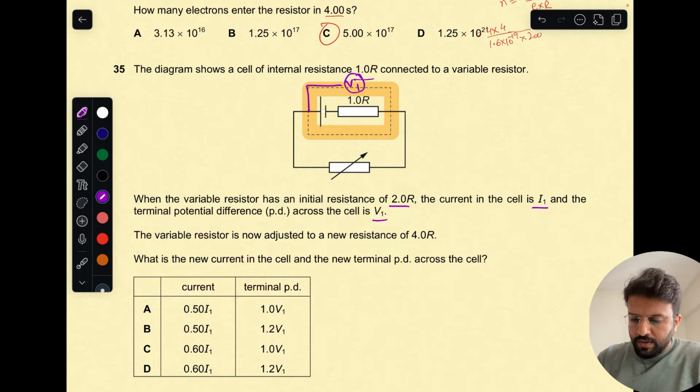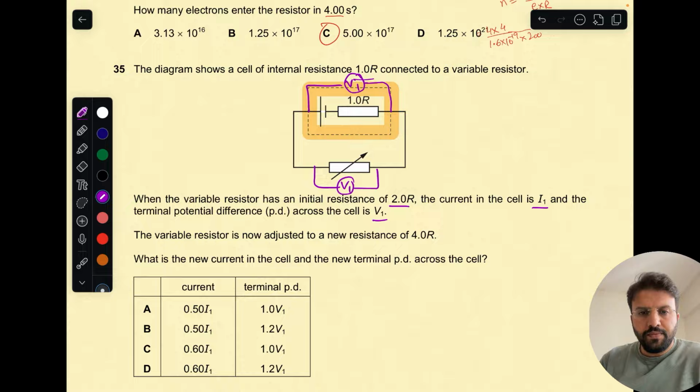Whatever the potential difference is across the cell, that will be across the resistor too. They both will have the potential V1 initially. So what is the new current in the cell and the new potential difference across the cell?